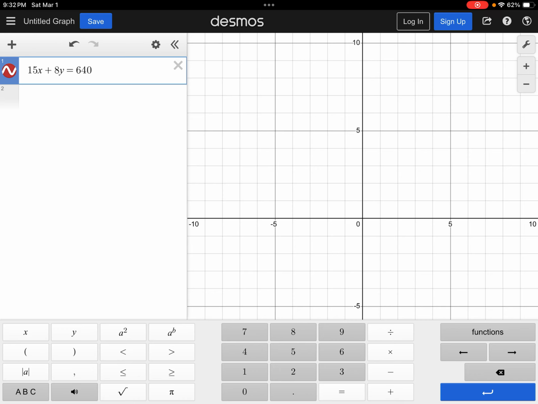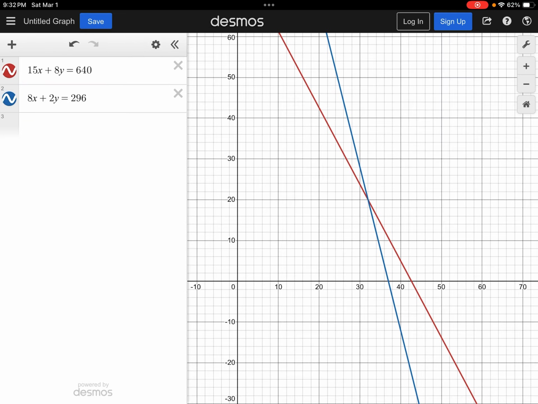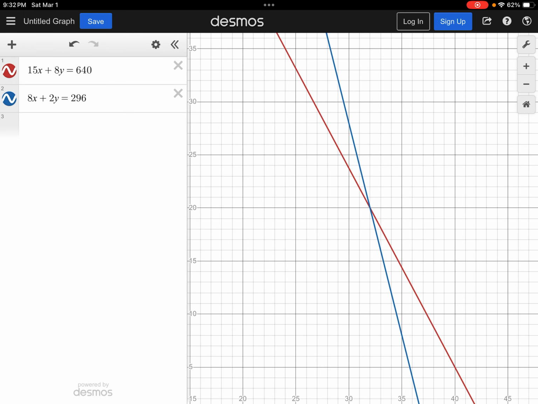And then our second equation was 8x plus 2y equals 296. So if we just zoom out a little bit here, we can see where those two intersect, and Desmos is really nice because if you just click or point at that intersection, it's going to give you that solution. So 32 comma 20 is our solution.